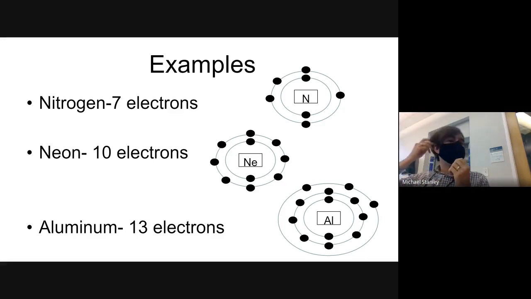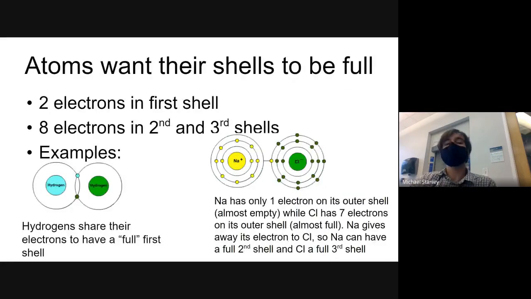All right, so moving on from there, something that we're going to touch on a little bit today, but we'll be going over in more detail with some of the notes next week, is this idea of reactivity, or how atoms interact with other atoms. One of the things that scientists first found when they were studying atoms is that atoms really want their electron shells to be full.